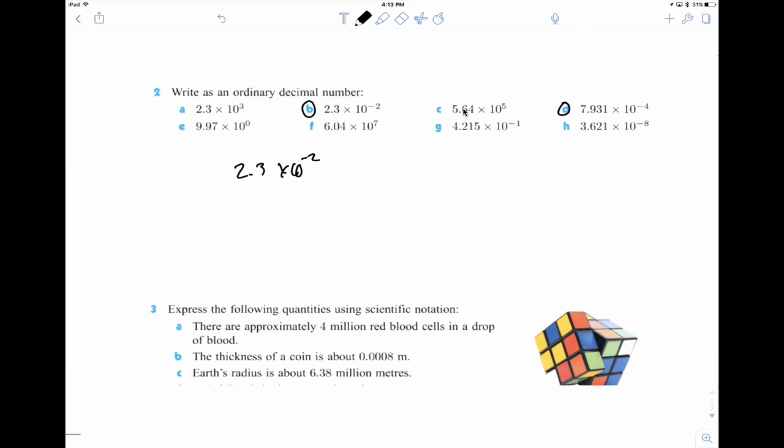What we're going to do is make this number what it actually is. When you multiply something like 2.3 times 10 to the negative 2, you're making the number smaller. We're moving the decimal place 2 to the left in this case. So I'll put a leading 0 here, and it's going to be 0.023.